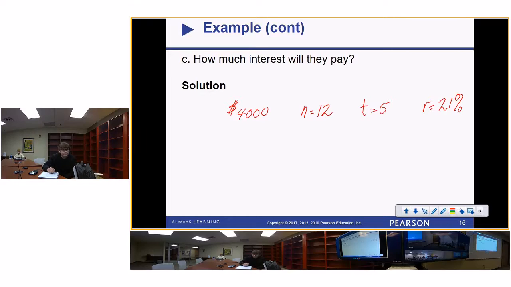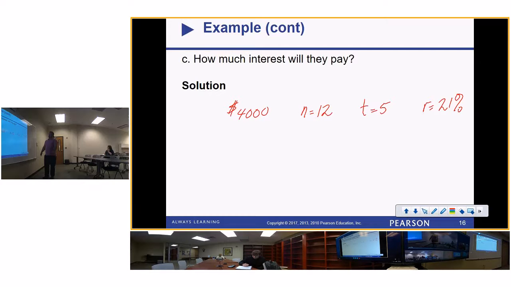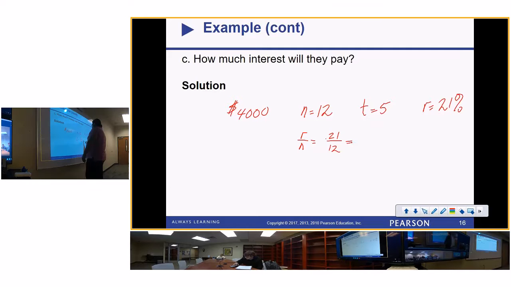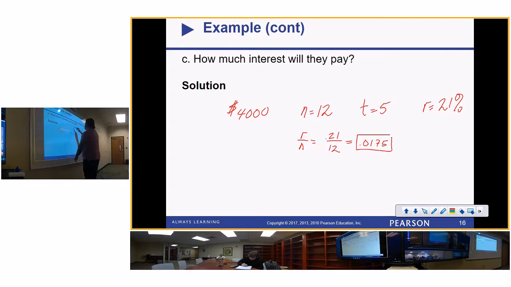Y'all wrote down the formula, right? For amortization. Yeah, R over N. R over N is equal to 0.21 divided by 12. Somebody give me that number. 0.0175. So that's I, wherever they tell you to use it. And then your NT is equal to 12 times 5, which is 60, isn't it?